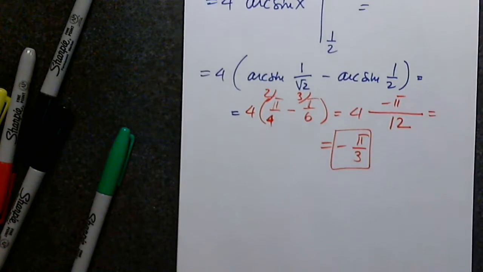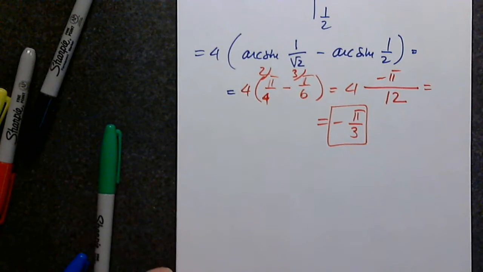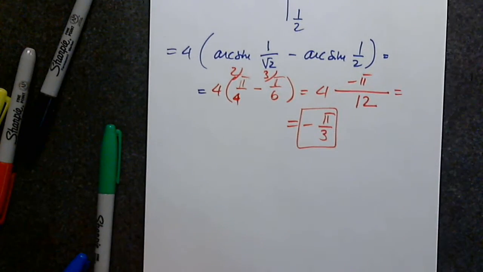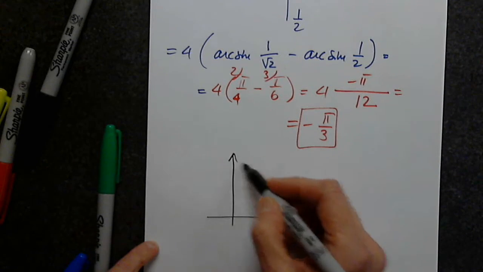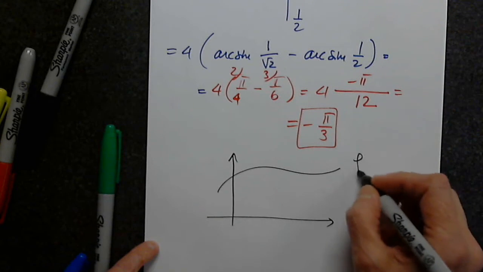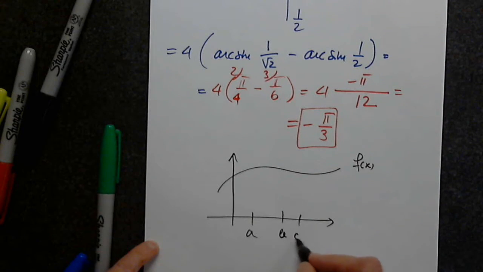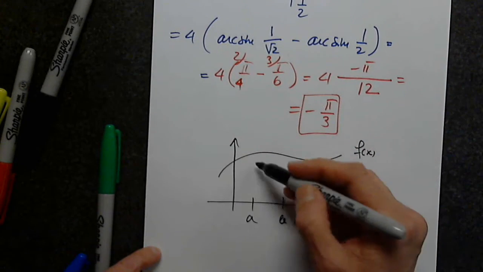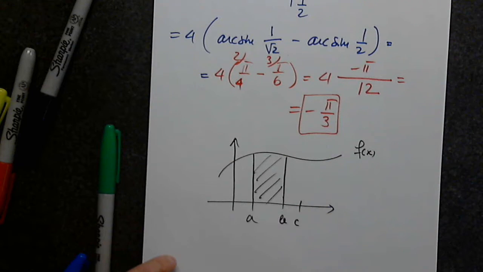Now here's a property that Joey already told us about. I thought I would disclose it to you, but he did. So let's take a look at this function because I want to practice this. This is a function f of x, and let's say this is the interval a, b, c. This is an area. It's a continuous function.